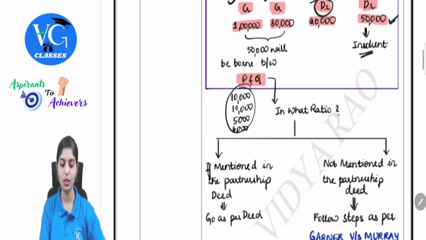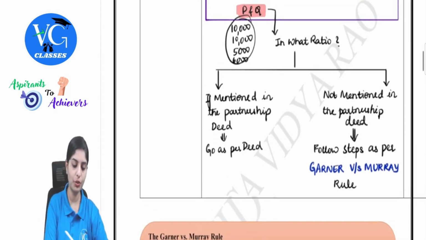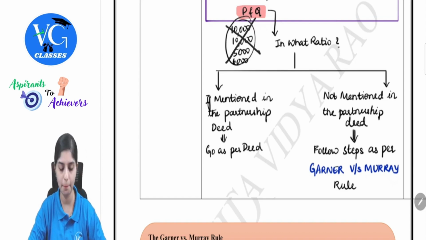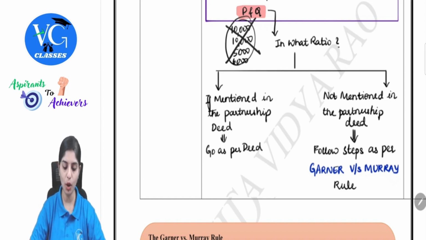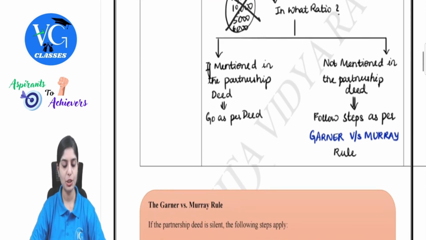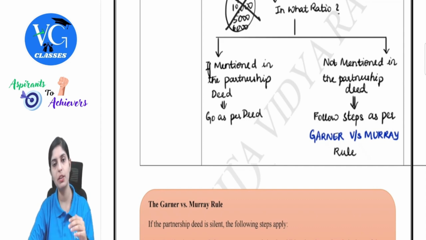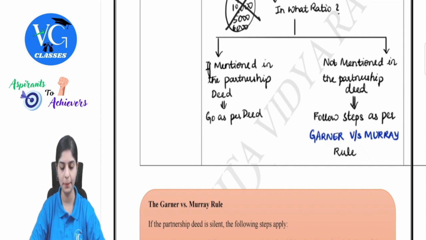Now this distribution will happen in what ratio? You need not worry about this. I have just taken an imaginary example to explain, so here it doesn't have any impact. So this will be done in what ratio? If it is mentioned in the partnership deed how insolvency is to be shared, we will go as per the partnership deed.